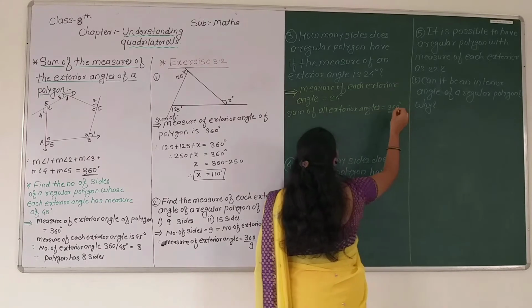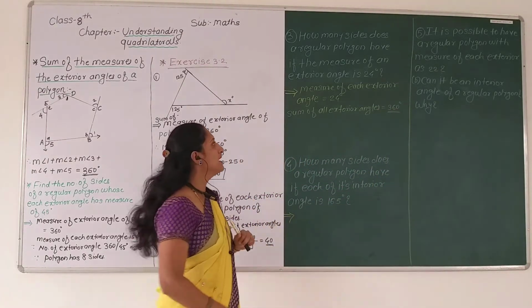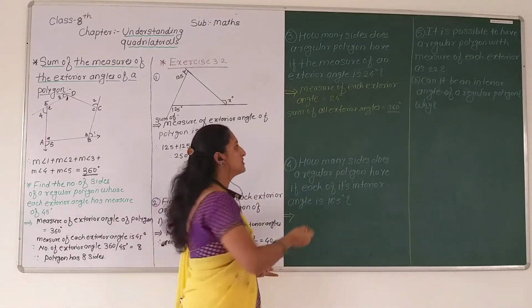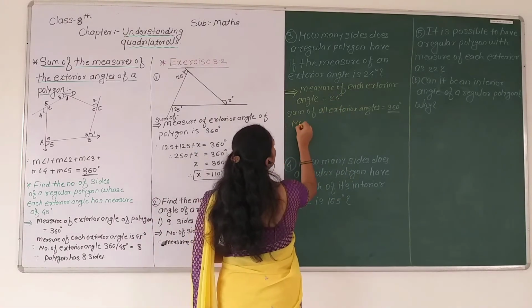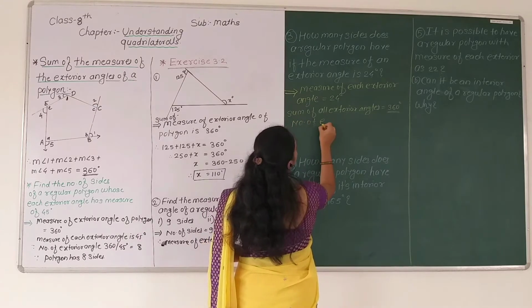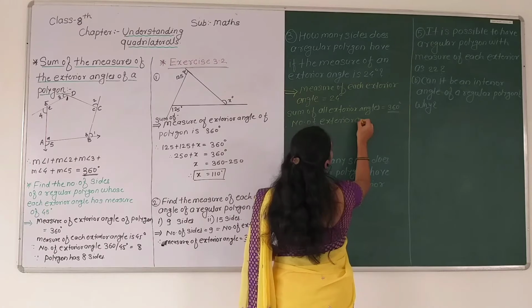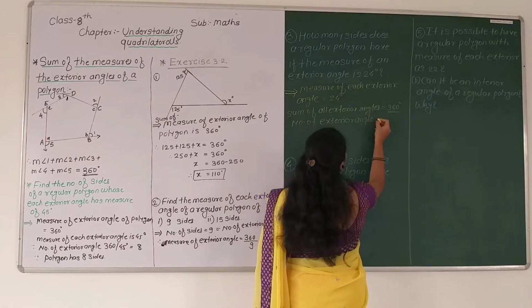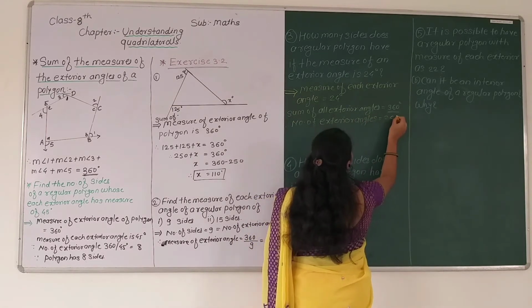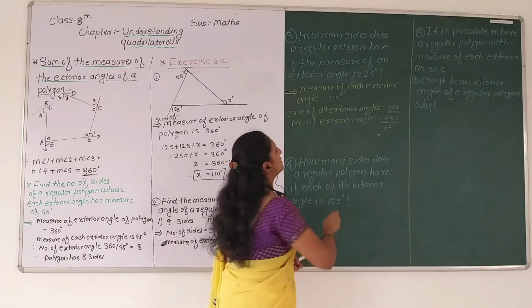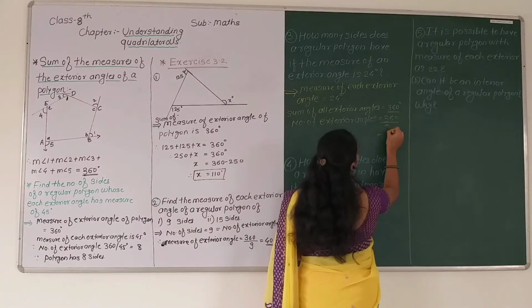If the sum of all exterior angles is 360 degree and the measure of each exterior angle is 24 degree, from this we can easily find out the number of exterior angles using the division method, which is equal to 360 divided by 24. Now you have to calculate this.